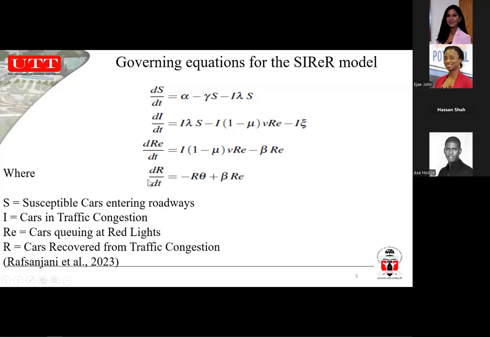So again, these models were coded into MATLAB and solved simultaneously in order to obtain different numerical examples that we would use to determine how traffic congestion can be reduced, as well as the carbon dioxide emissions. Also, for future study, we plan to combine these models to obtain more challenging results.